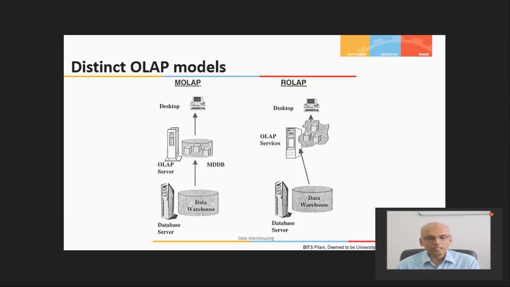The other one is relational OLAP, where you build the OLAP services using another model. Essentially you are using a powerful intermediary, which is going to access the information from the data warehouse and pre-compute some of the information in such a way that it is still possible to do the OLAP operations.